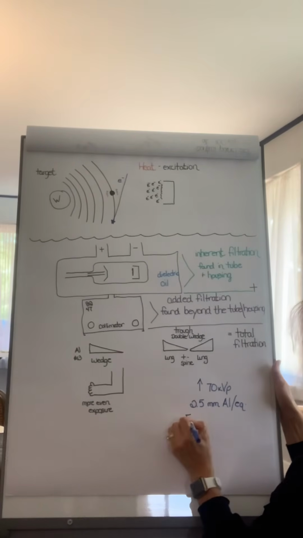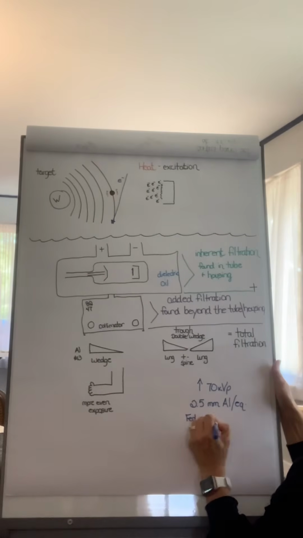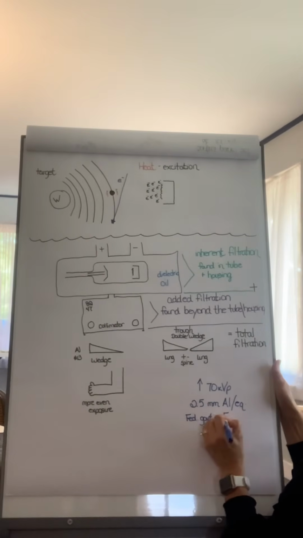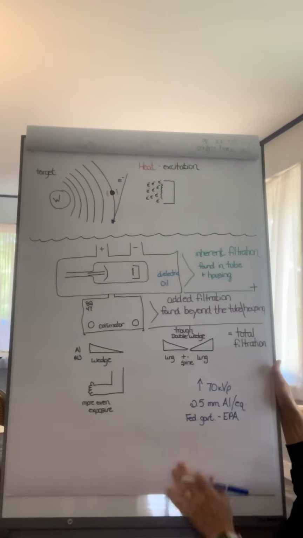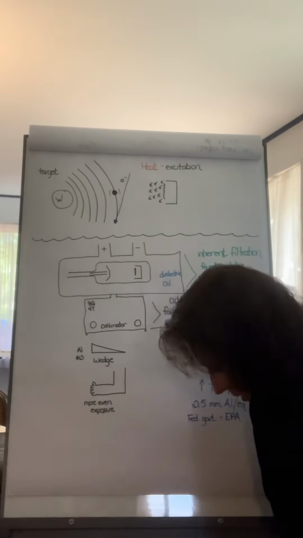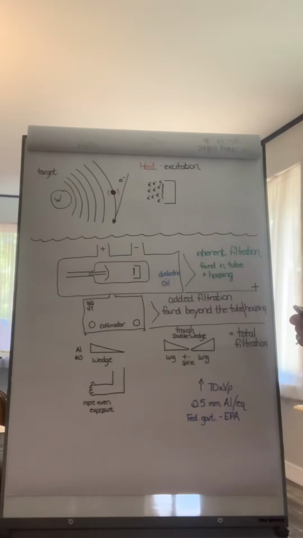And that is set by the federal government. More specifically, it's set by the EPA, the Environmental Protection Agency, because they're responsible for guarding the public against unnecessary radiation exposure. So most of the tubes we work on have 2.5 millimeters of aluminum equivalency filtration.